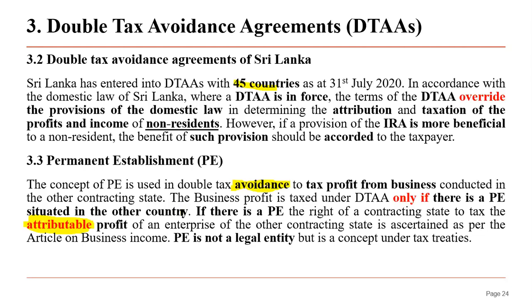But if they are doing a business, business profit is important here. The business conducted in the other country gives business profit. Business profit is taxed. You need to keep these separate, no need to mix them.